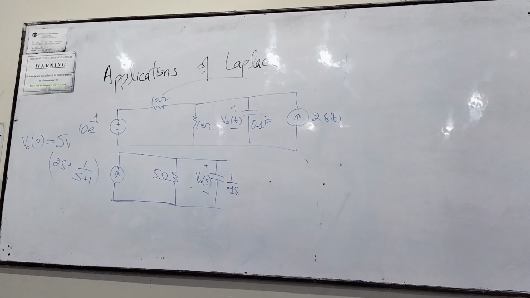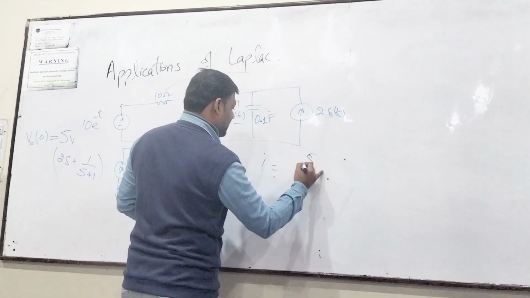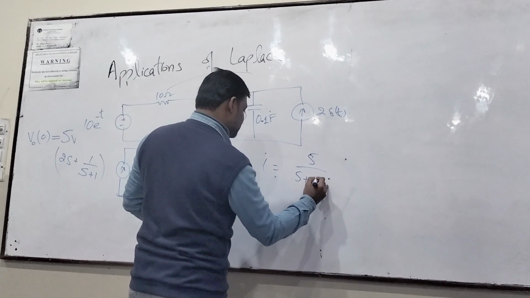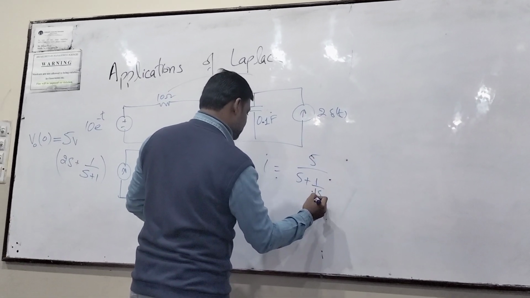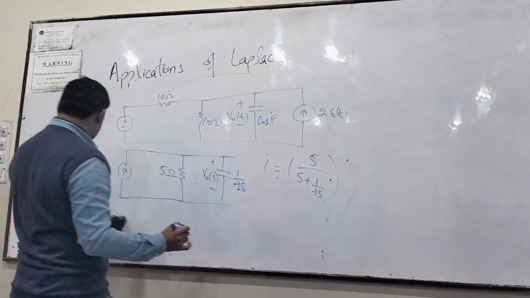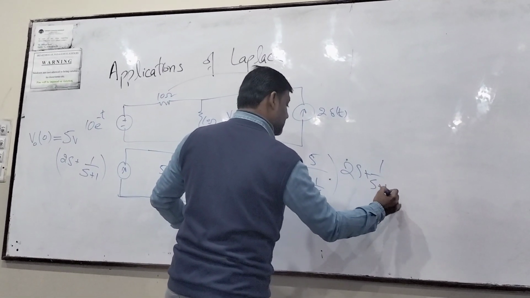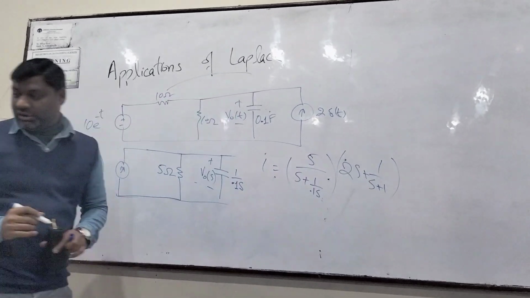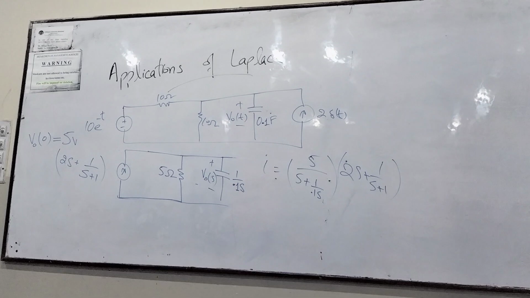So, in this way, current divider: 5 divided by 5 plus 1 over 5 minus, multiply by this term. When we solve this, we will find out the answer.